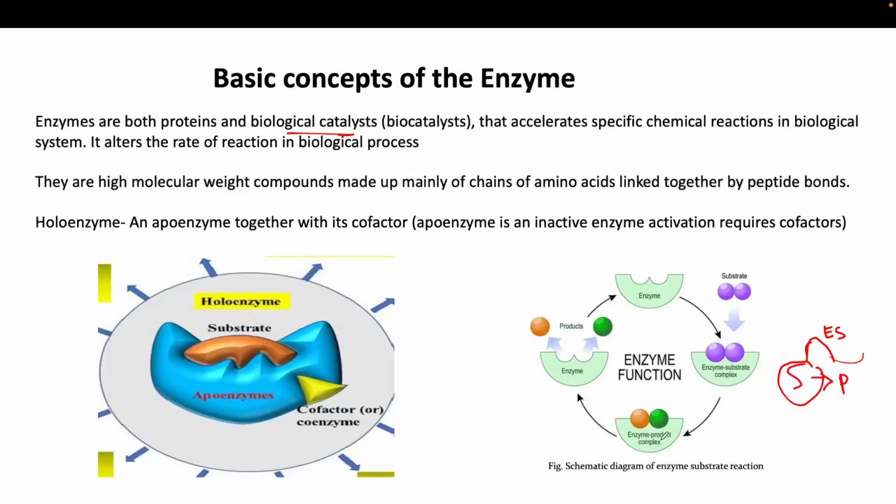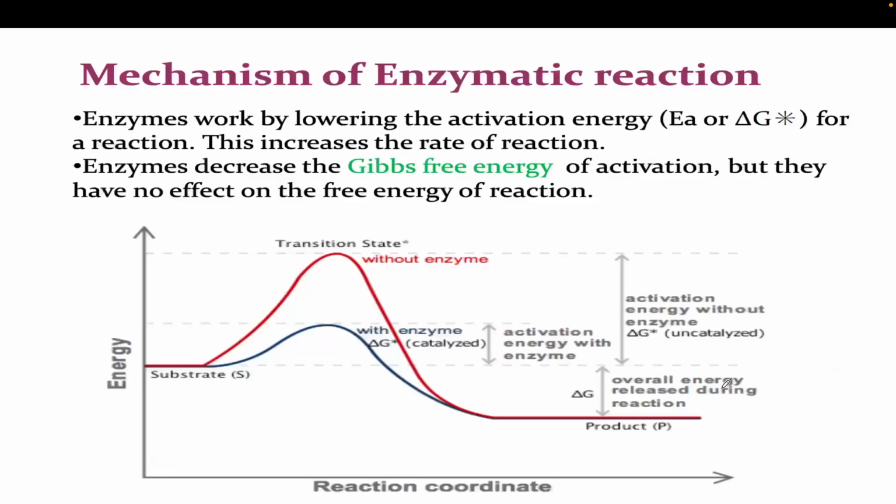The product is then bound with the enzyme, so to do its function the product should be removed from the enzyme. In the next step the product is released, goes to its target site and performs its function. This is how enzymes work.